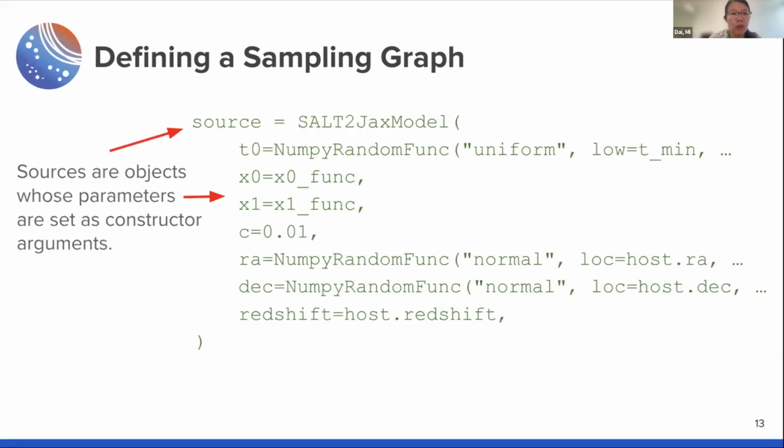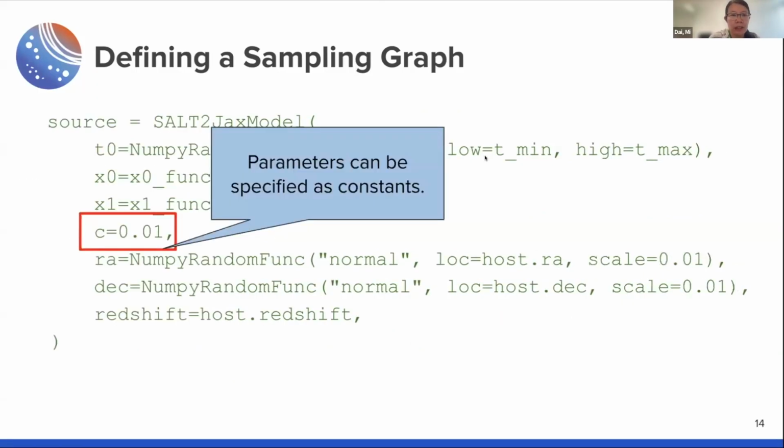First of all, the sources are objects whose parameters are set as constructor arguments. Every parameter here would be described as a line, as one of the parameters of this model. And there are different ways that you can define the parameter. For example, it can be just a constant.